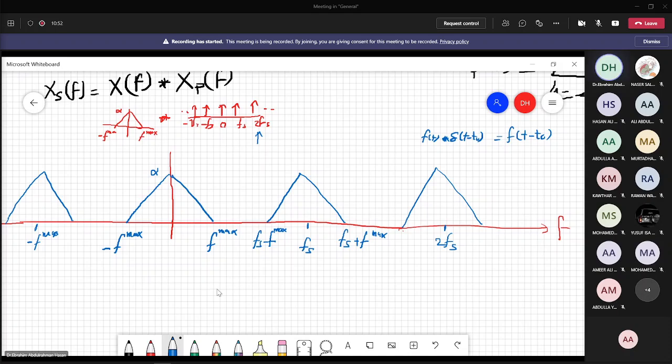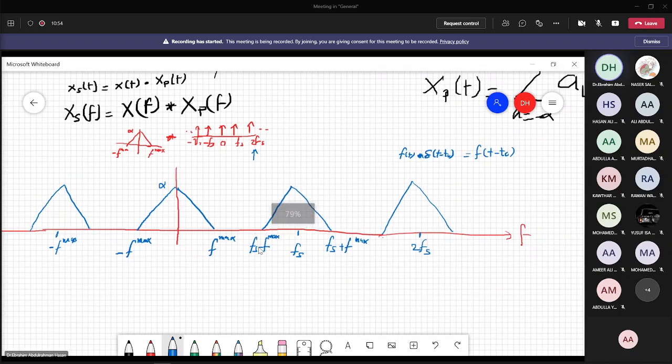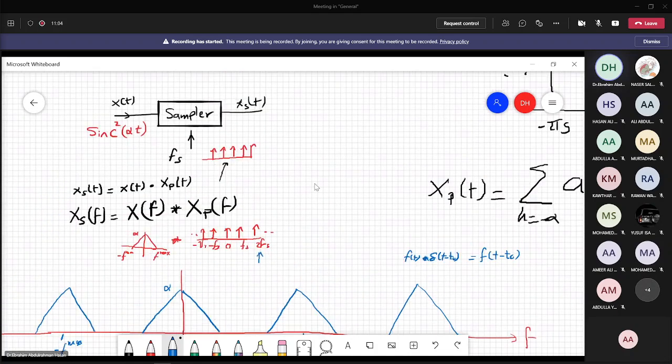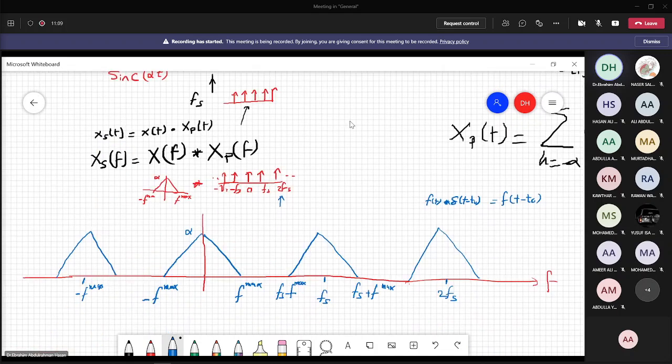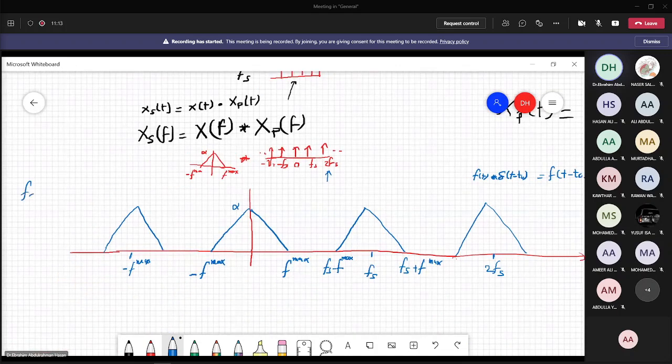But from here we said that this one, fs minus f max, should be greater than f max, otherwise we'll get overlap. طلعنا Nyquist criteria, which is fs should be greater than 2f max. So then this is the case where fs greater than 2f max. Okay, so I will get this one.